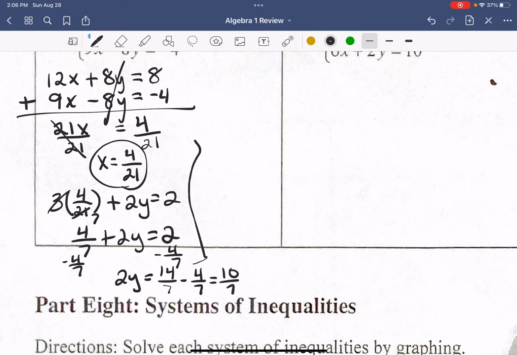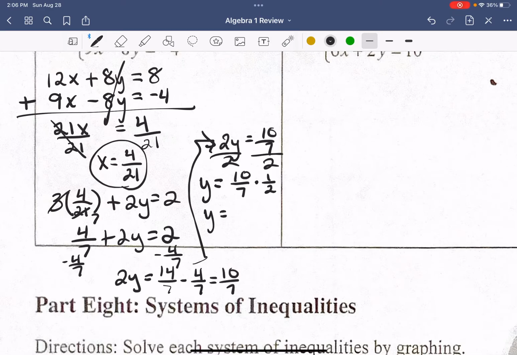I'm going to move up here. 2y equals 10 over 7. And then I divide by 2. And when you're dividing, remember you flip the other guy and multiply. So I'm multiplying by 1/2 really.